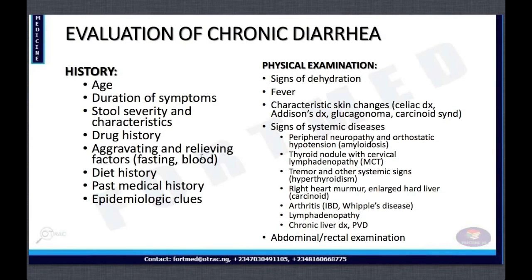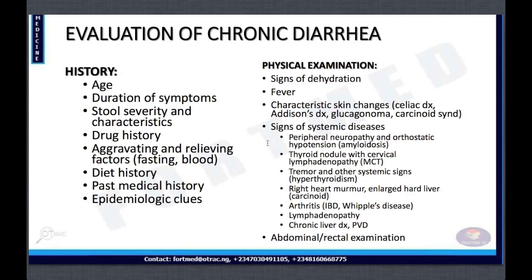In the history, these are some of the things to find out. In physical examination, it is also important to find signs of dehydration and to know if there's fever, so that one can hone it down to either infection or maybe a malignancy.